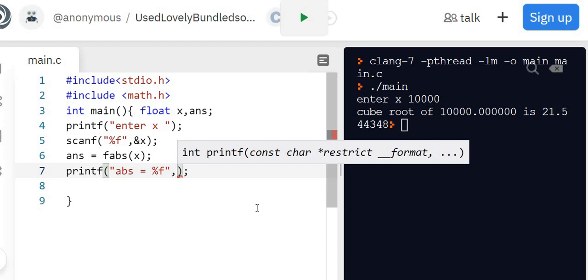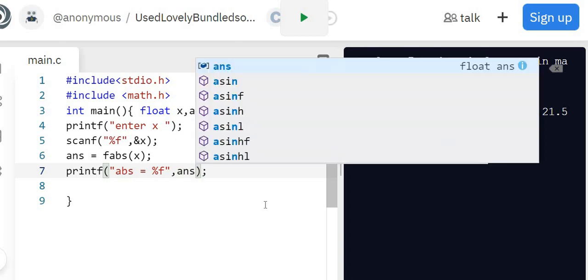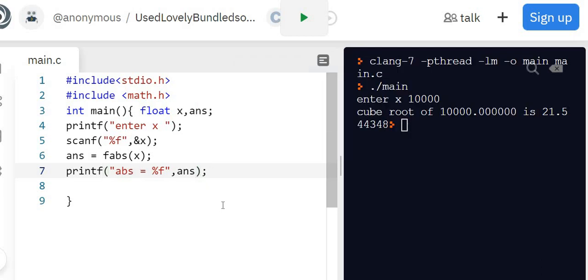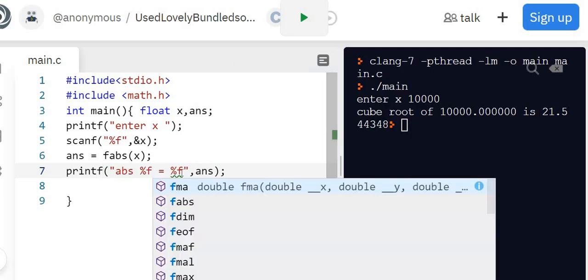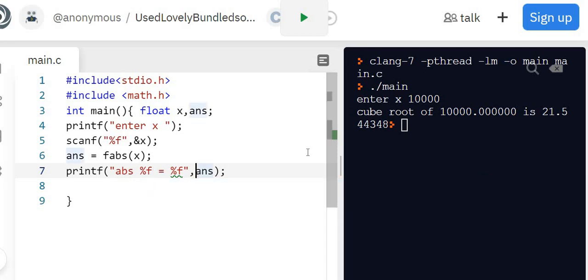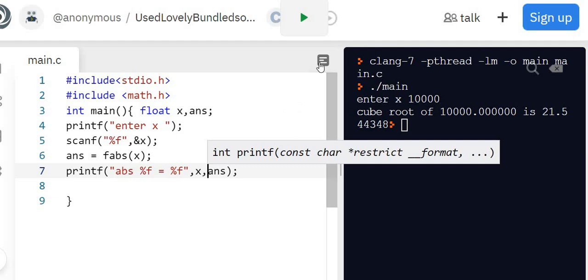Otherwise, if you enter a negative value, it is converted to a positive value. So the absolute value of percent F, that is the original value x, is equal to percent F. In this way, we can have the absolute value.